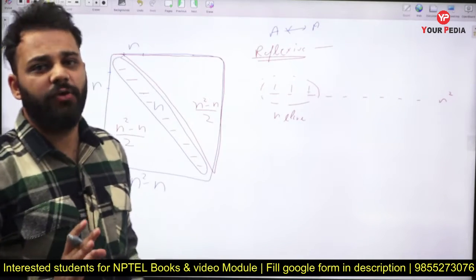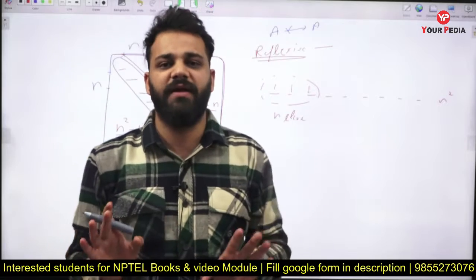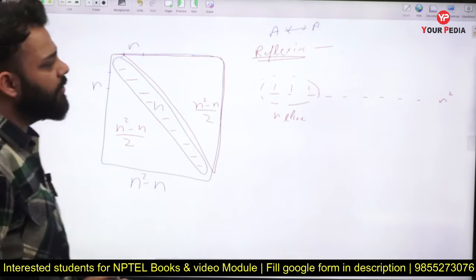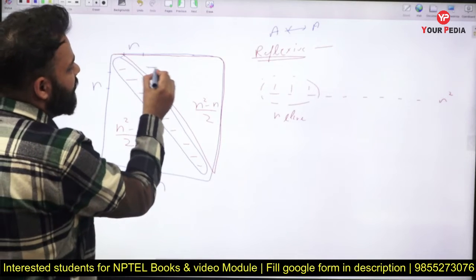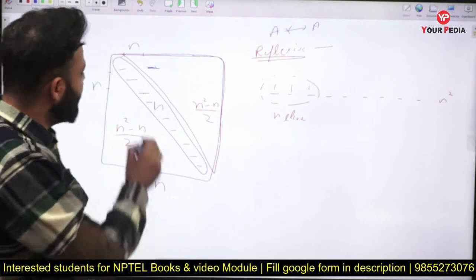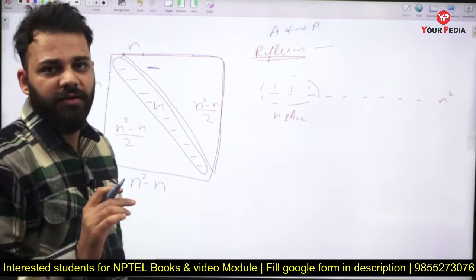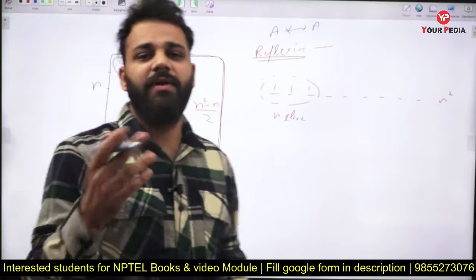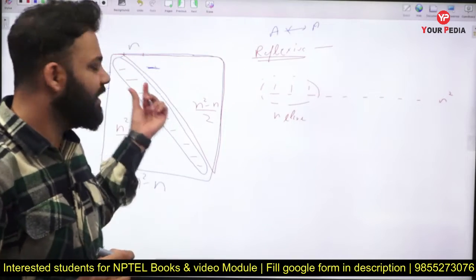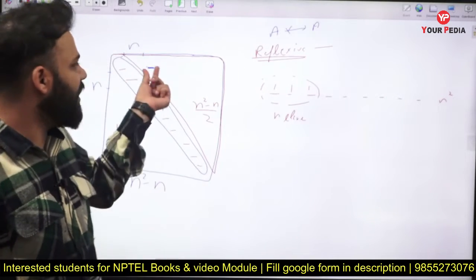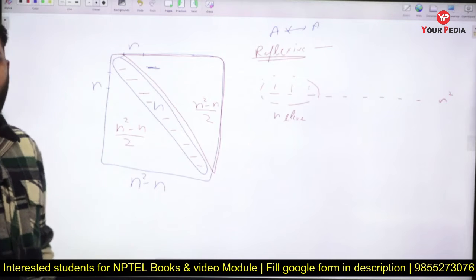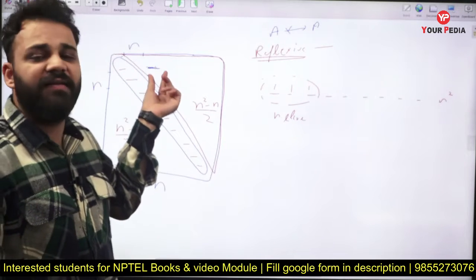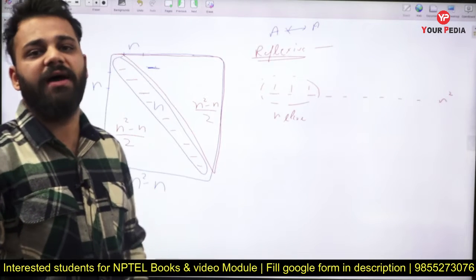Whether they come or they don't come, the relation is still reflexive. So let's say all the reflexive elements are there. Now if this element comes, there will be no change in our relation because it will still be reflexive. If this element does not come, again there will be no change in our relation.